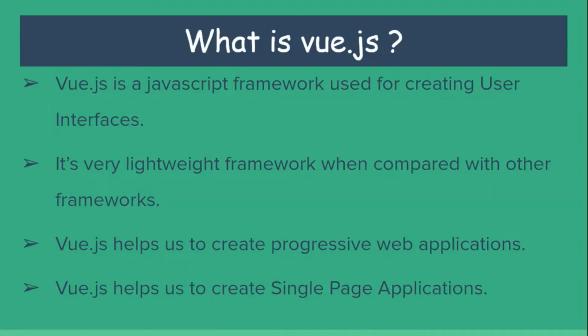Many of you are not aware of what a progressive web application is. A progressive web application looks like an actual native application and it delivers the app-like experience in the browser. It uses the latest technologies available in the current market to deliver the app-like experiences in the browser.